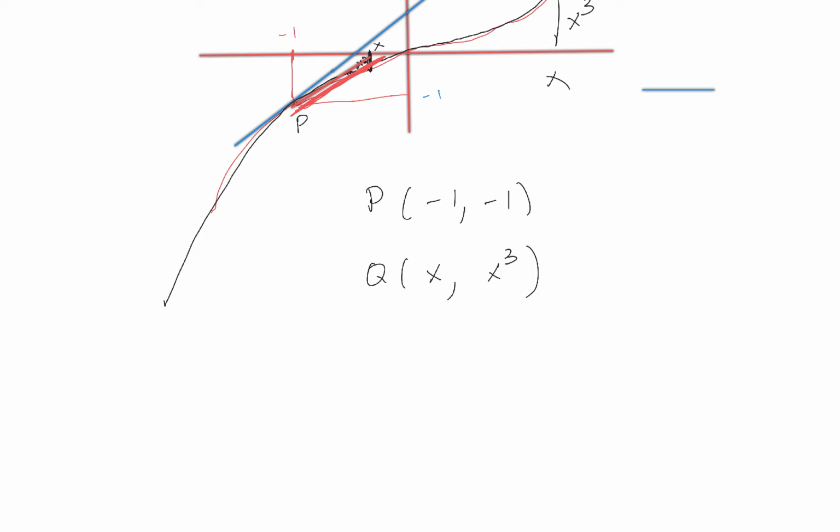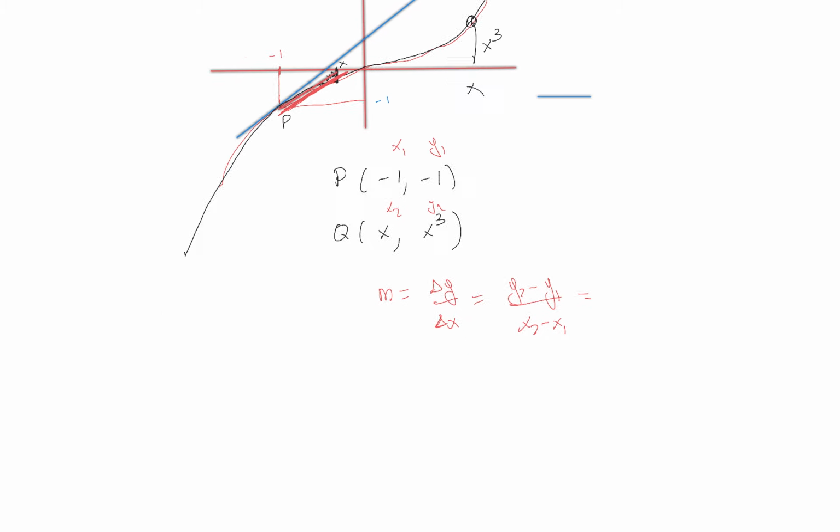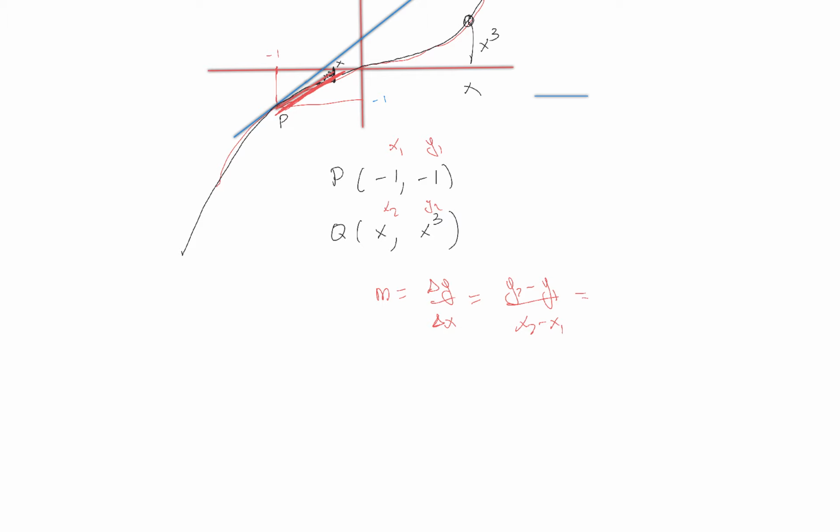We use the definition of the slope. The slope is the change in y, the rise, divided by the change in x, delta x. So this is x1, this is y1, this is x2, this is y2. So it's y2 minus y1 divided by x2 minus x1. What is y2? y2 is x cubed.